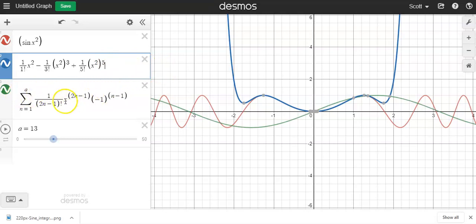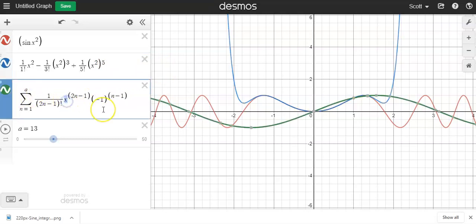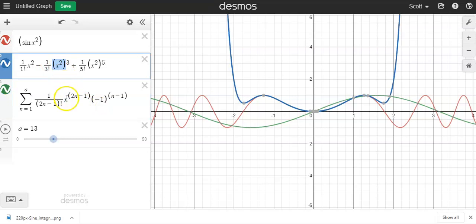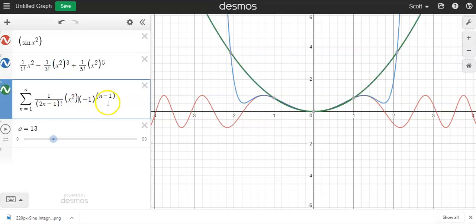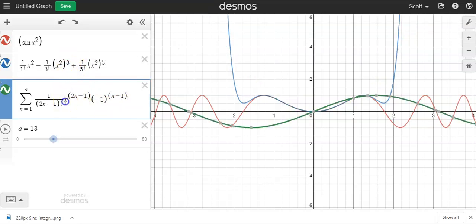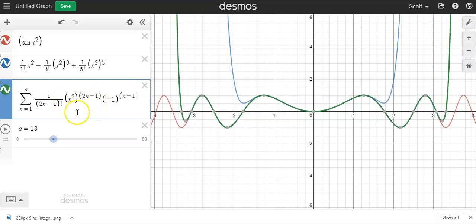So let's go to the infinite Taylor series and let's replace x with x squared. Like I said, let's just replace x with x squared. There we go. Now watch.